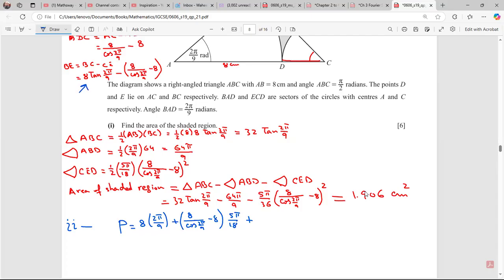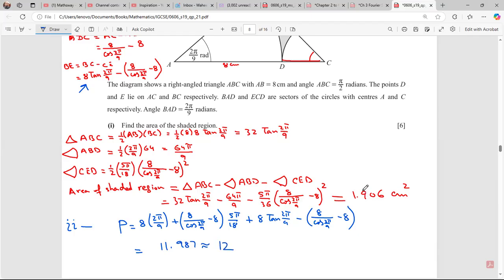So I have to add this length, 8 times tangent 2 pi by 9 minus 8 over cos 2 pi by 9 minus 8. When we do all this calculation, it comes out to be 11.987, which is approximately 12.